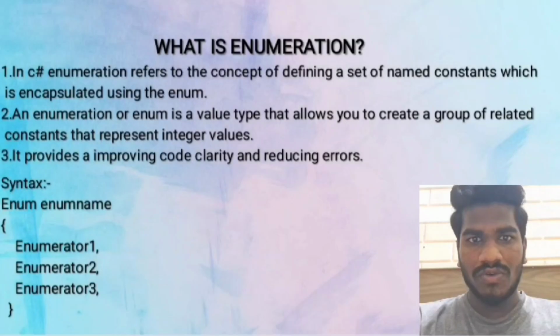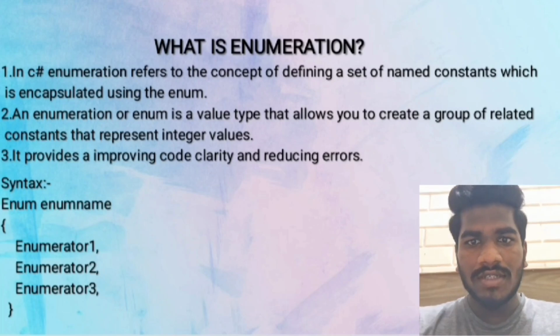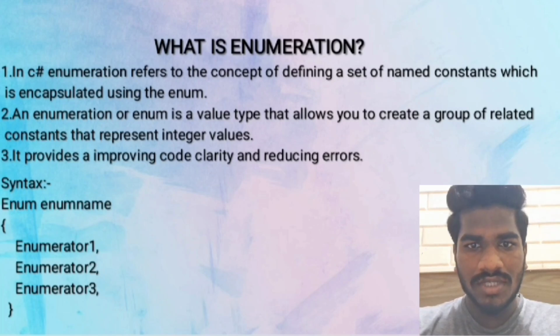Thank you. Today I am going to explain enumeration in C Sharp. Coming to the first point, what is an enum? C Sharp enumeration refers to the concept of defining a set of named constants, which is encapsulated using enum.